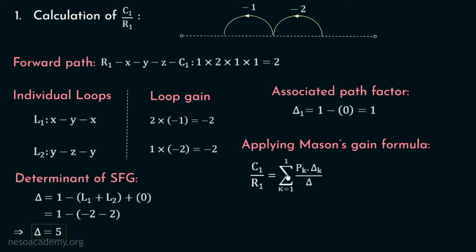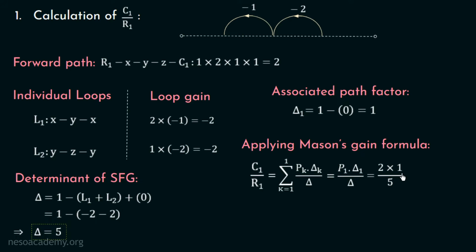Now, if we open this summation, we will have C1 over R1 equal to P1 multiplied with del 1 over delta. Now putting all the values in this equation, we will have C1 over R1 equal to 2 multiplied with 1 over 5. The value of forward path gain P1 is equal to 2.